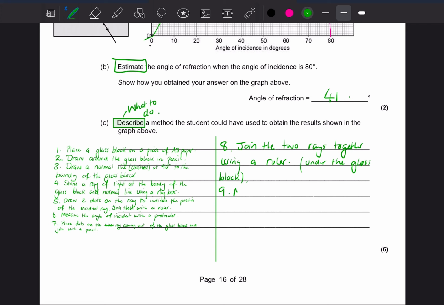And 9, measure the angle between the refracted ray and the normal using a protractor.